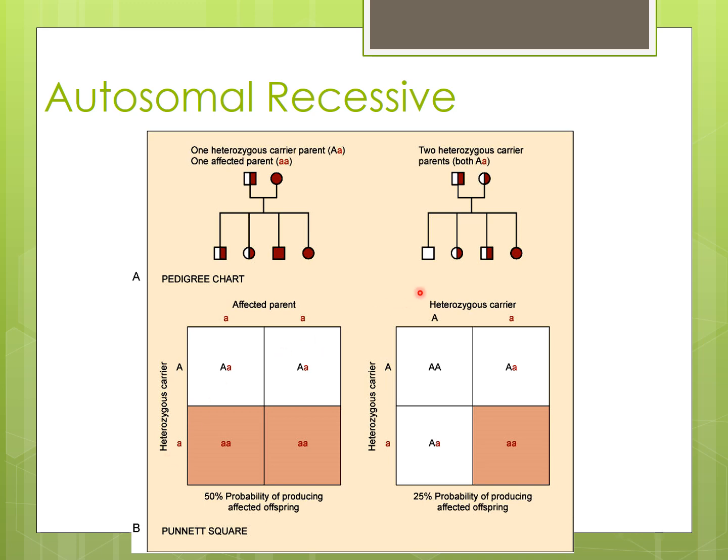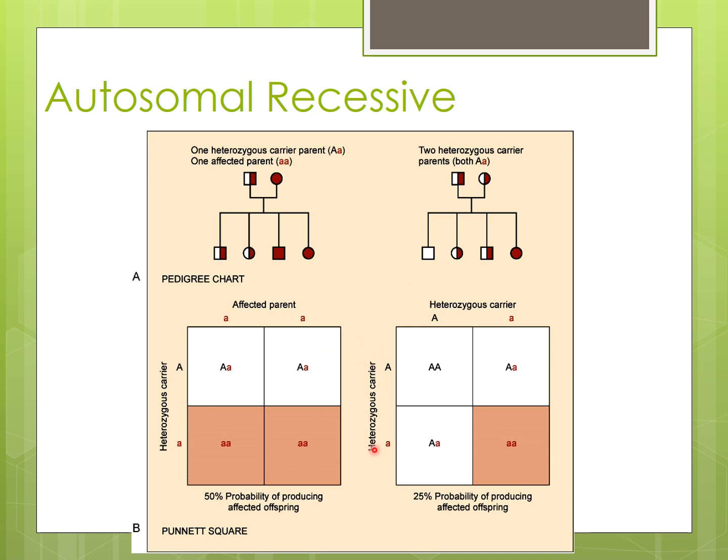This leads into the example on the right side where two heterozygous carrier parents, both carrying the dominant and recessive allele, breed, and you can see this leads to the resulting Punnett square as demonstrated down here.